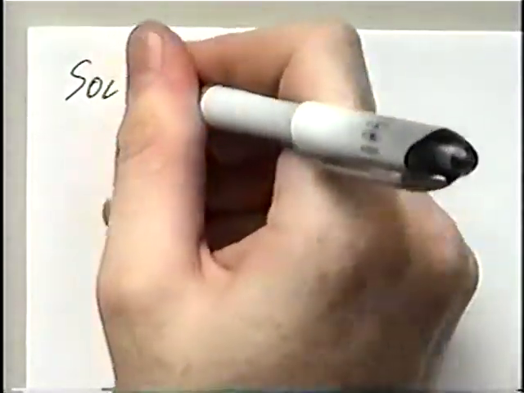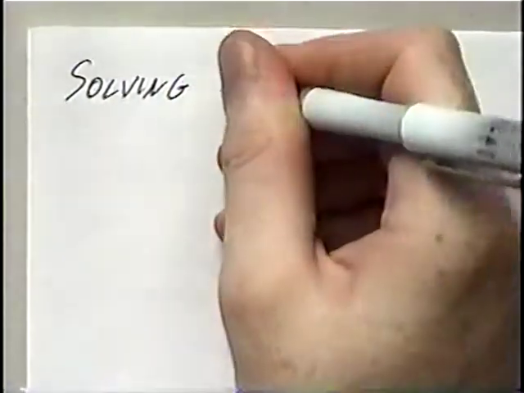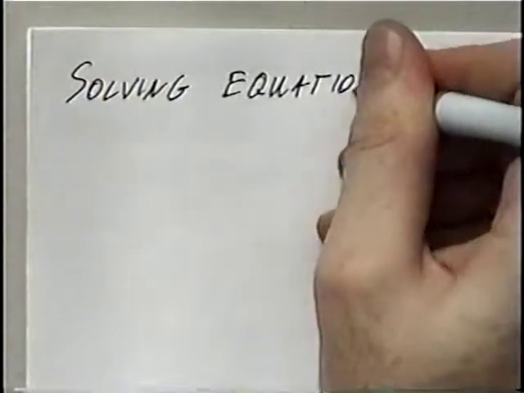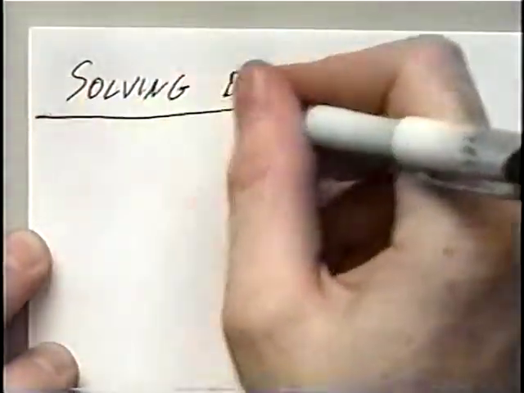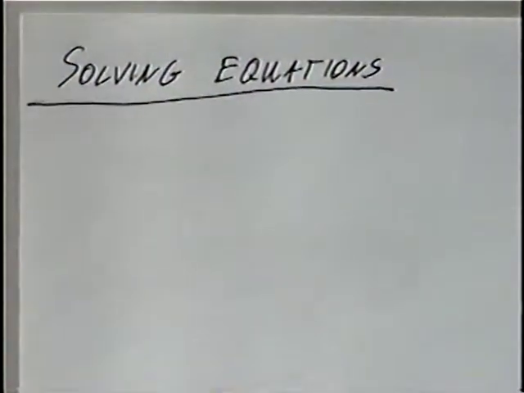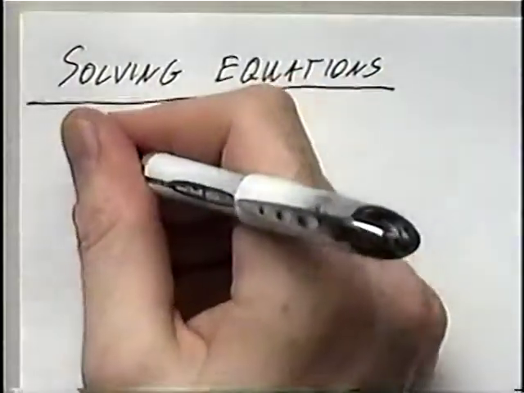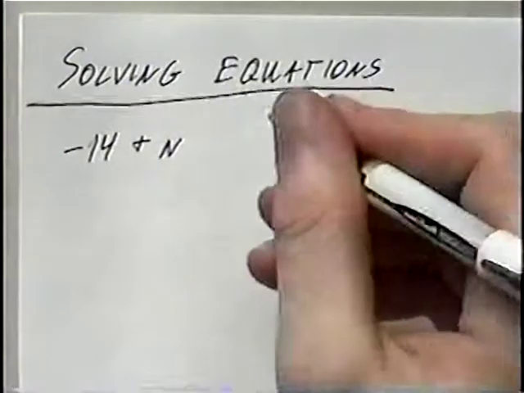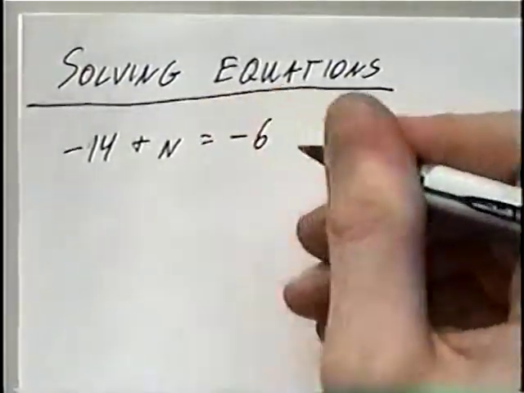Title of the first section today is Solving Equations. First problem, negative 14 plus n equals negative 6.